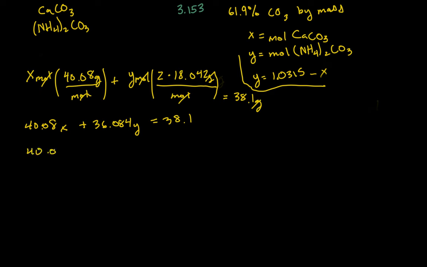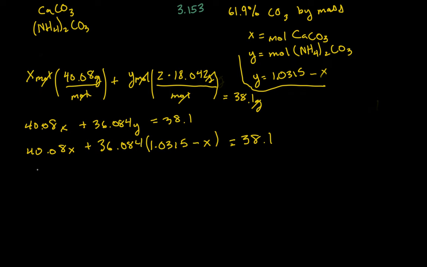All right, so this stays the same. And here we've got 36.084, and I'm going to bring in this here that we arranged earlier, equation 1 in molar terms, 1.0315 minus X. All right, still equal to 38.1. Okay, distribute this, collect some like terms.